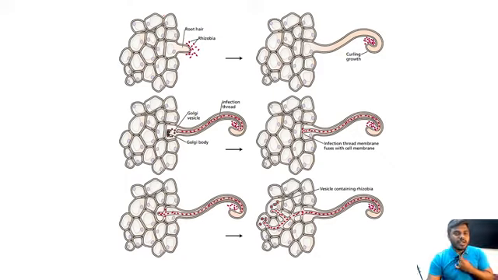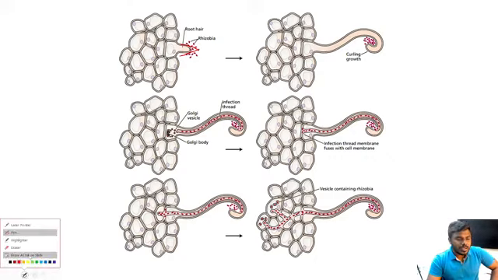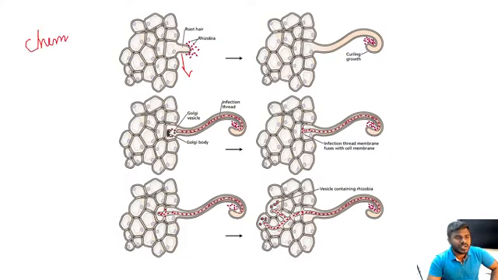Now the question comes: how do the bacteria and plant come close together first of all? Everyone listen, I'll explain twice. This is the root hair. The root hair of the plant starts releasing certain chemicals. What do you call those chemicals?